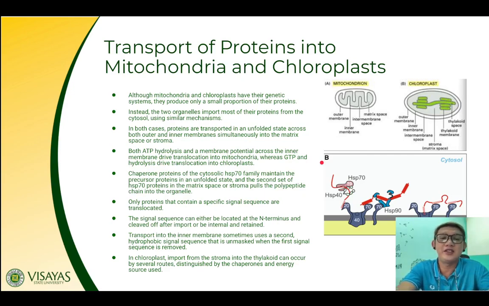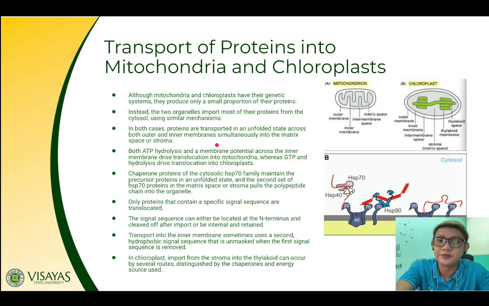Now let us start our discussion with transmembrane transport. First is the transport of proteins into mitochondria and chloroplasts. Although mitochondria and chloroplasts have their own genetic systems, so we know that they have their own genetic material, they can also produce their own proteins because they have their own ribosomes.